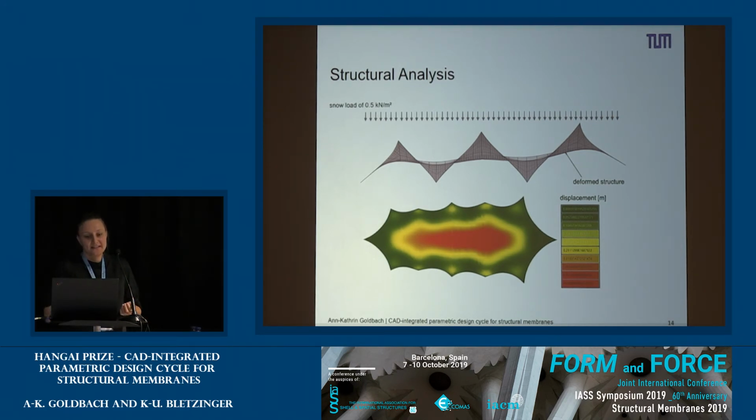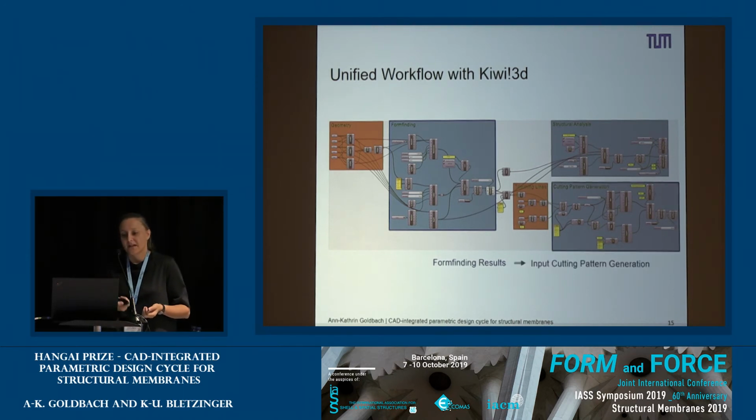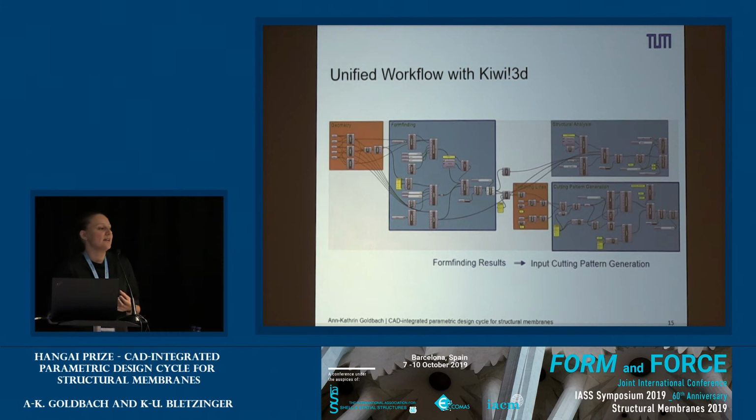After structural analysis, the cutting pattern generation needs to be performed as well. So again, we take the form finding results, which are fully available in the CAD environment, and use them as an input for the cutting pattern generation. In between, you see another orange box indicating there have to be geometrical operations done in between, because of course, if I want to do a cutting pattern generation, I need to define the sort of stripes I want to build or the pattern that I'm trying to do.